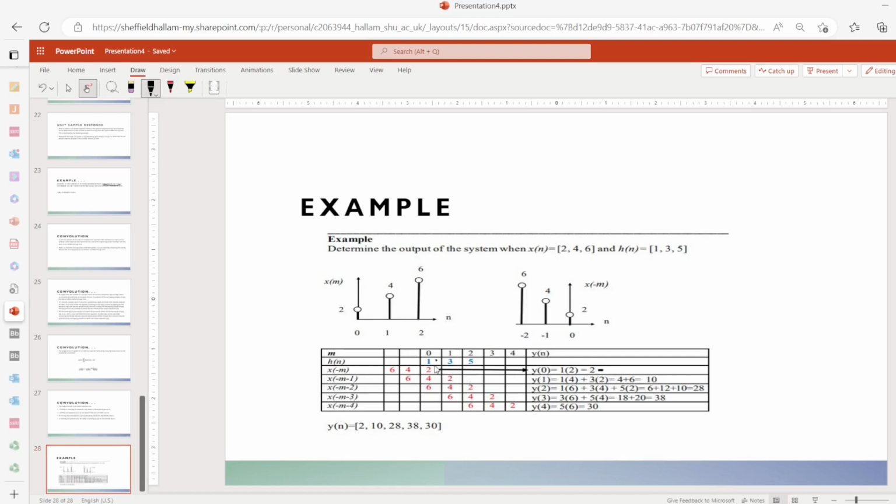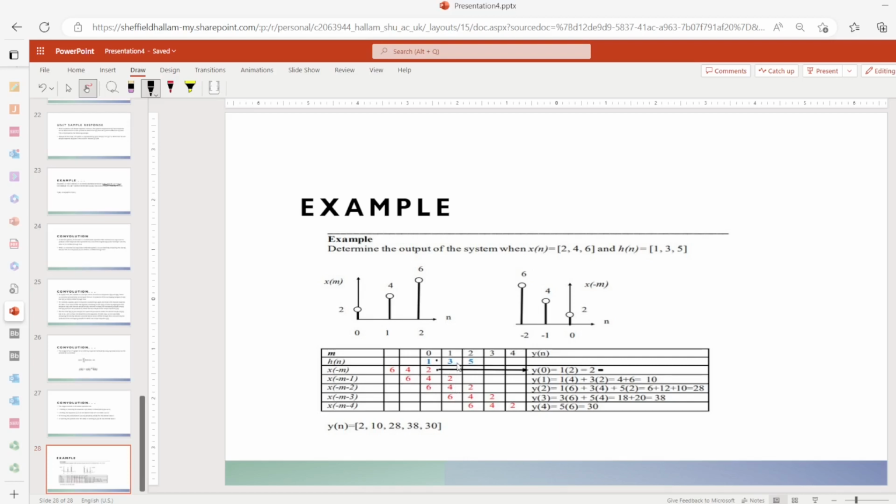You multiply these two values first, and then shift it to the right so that it is aligned with hn.